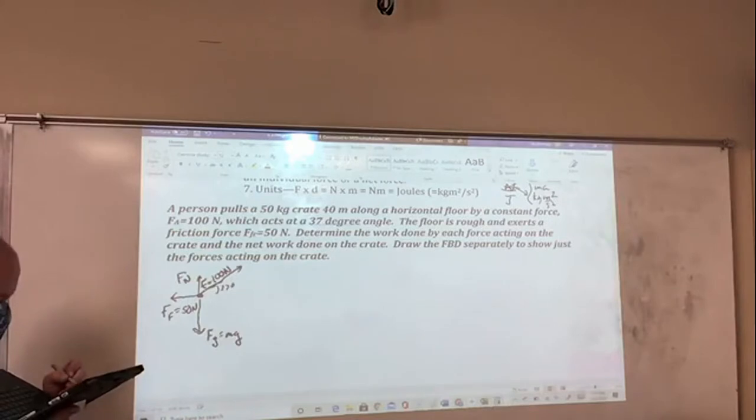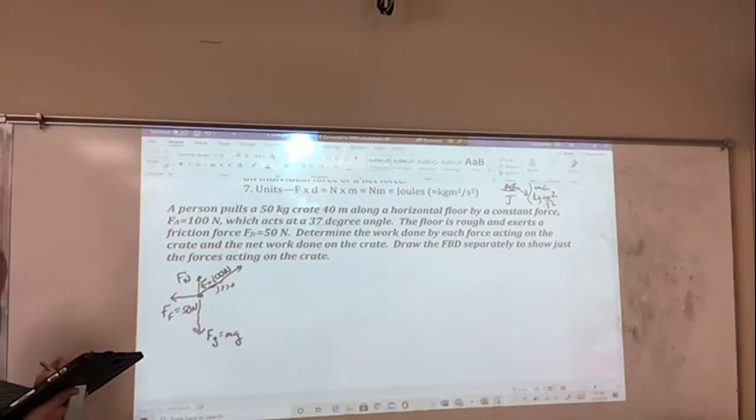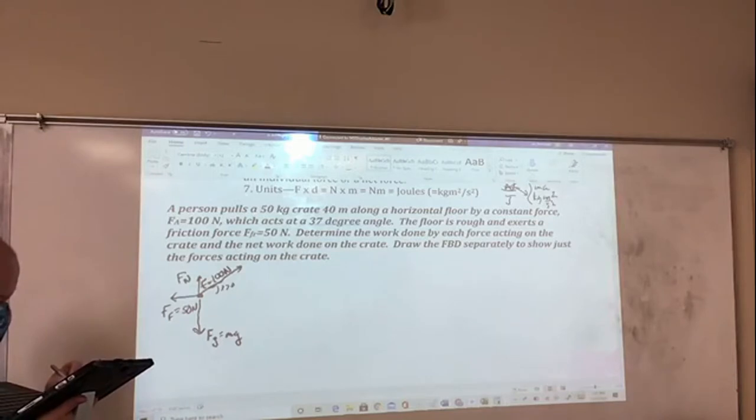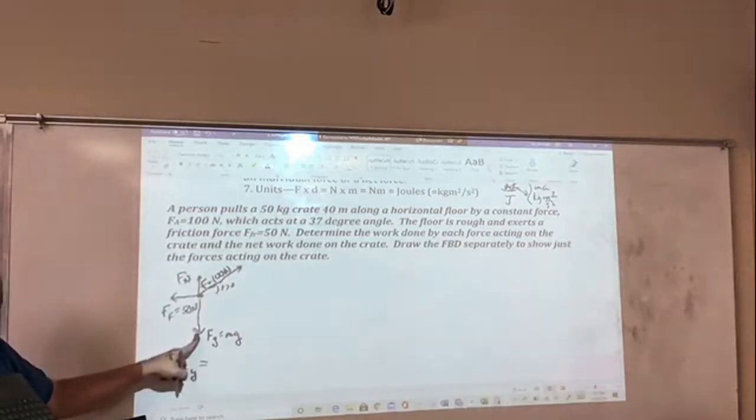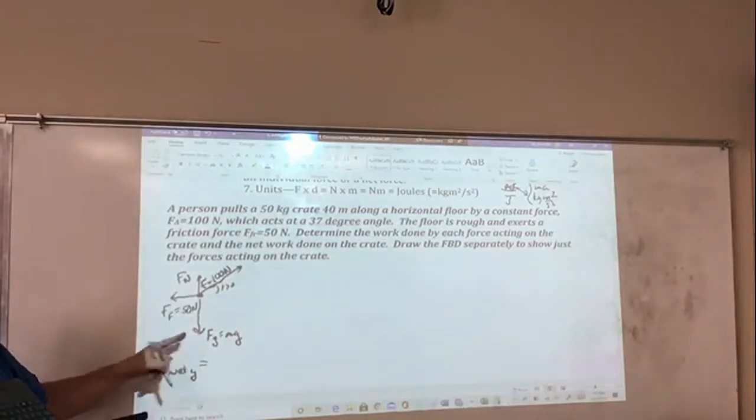If I were to think about the normal force, I would have to think that in the y direction, the net force, which I know because it's not accelerating either up or down, is what?